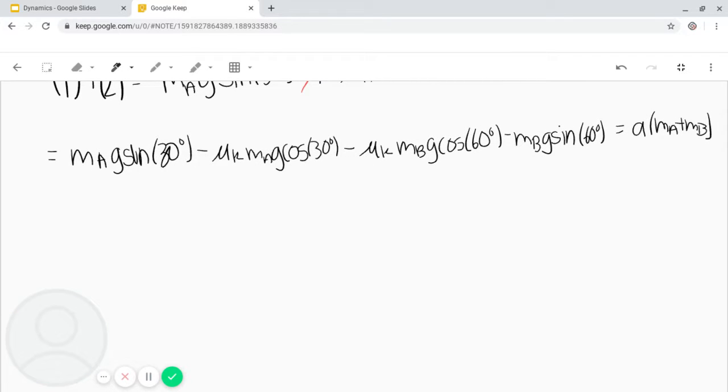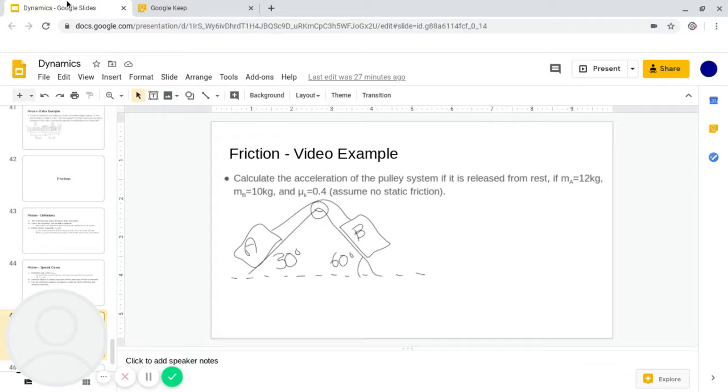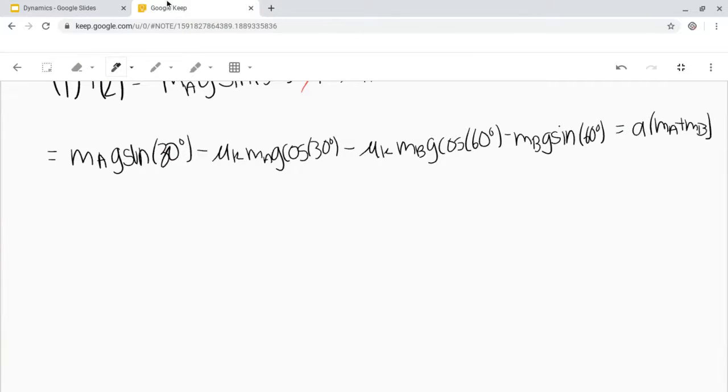So I'm just going to use a calculator to skip some of the intermediate steps, but you know where they're coming from, just based on the equation above. So we have m_A being, let's see what it is here, 12 kilograms times 9.81 times sine of 30.